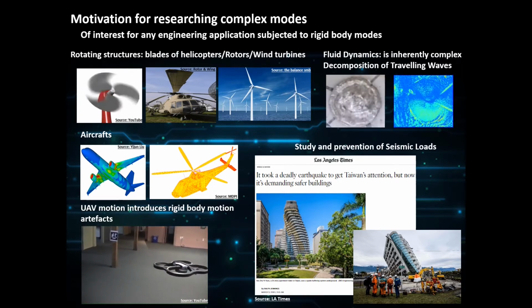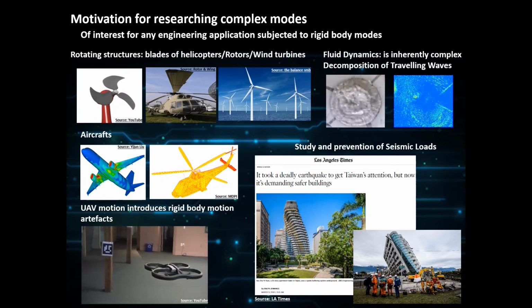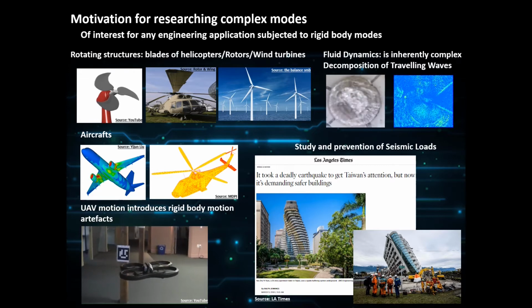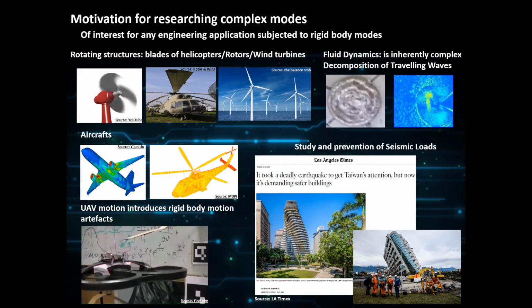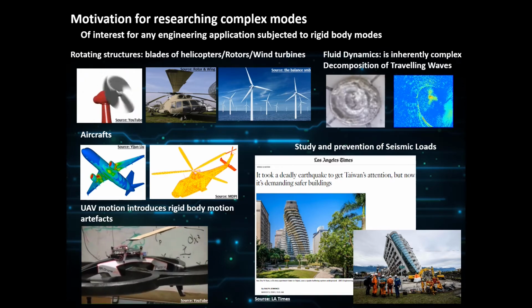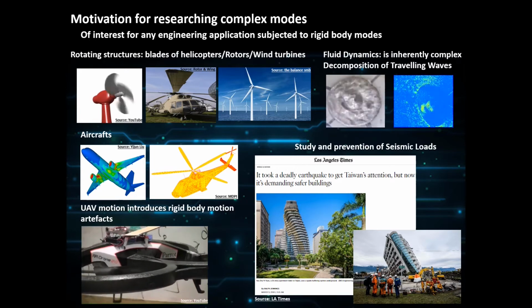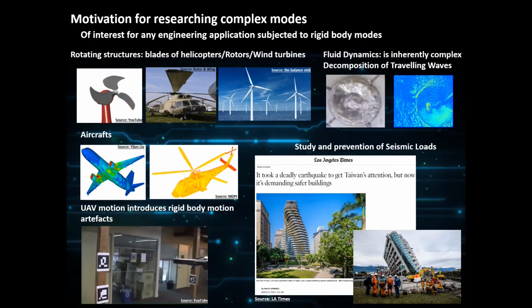This type of mode is very common in rotating structures such as blades, rotors, and wind turbines. Also in fluid dynamics, which are directly tied to traveling waves. And of course, it also has a lot of interest for seismic applications.